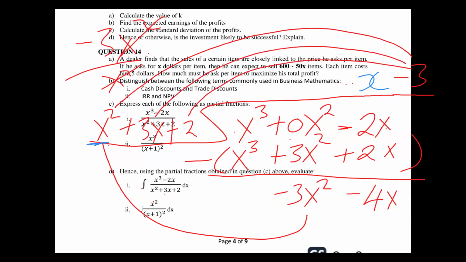So let's go and do that. Negative 3 times x squared will be negative 3x squared, right? Negative 3 times 3x will be negative 9x.